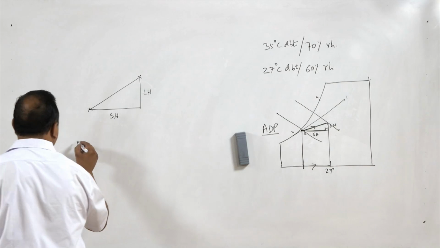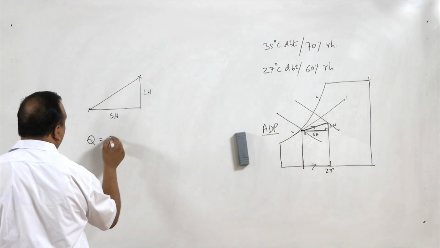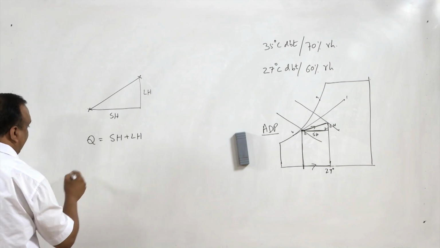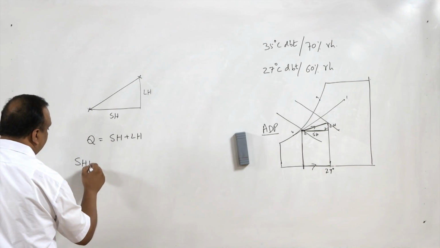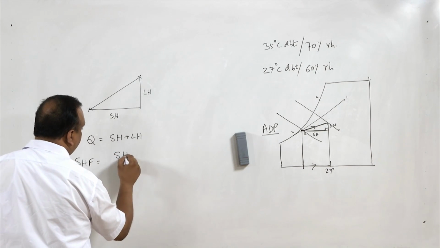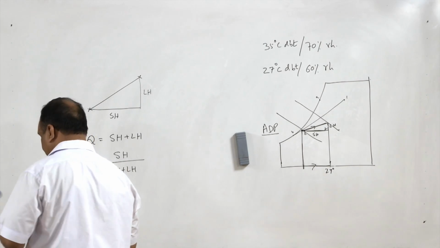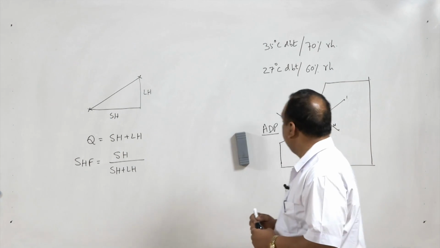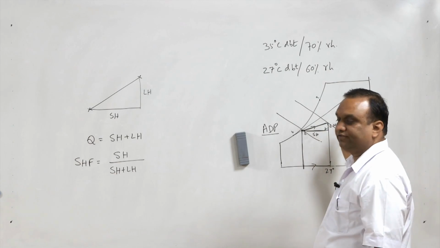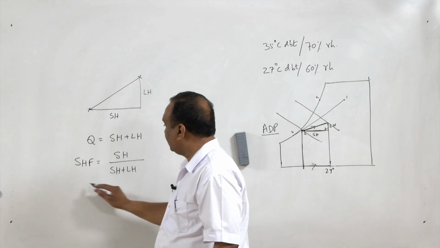The total heat Q is equal to sensible heat plus latent heat, and sensible heat factor is equal to sensible heat divided by sensible heat plus latent heat, right? And next time, in the next psychometric chart, I will show you how to draw the sensible heat factor lines.